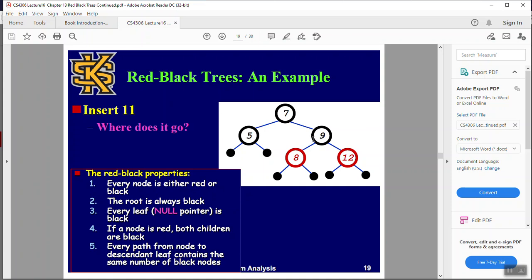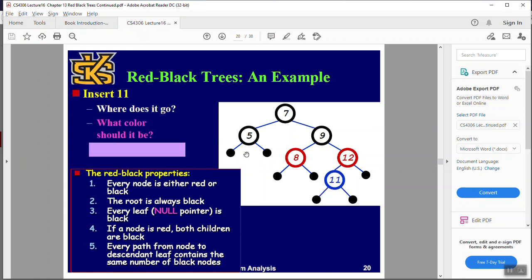So these are black. Another property is that the leaf null pointers are black. So this is a red black tree.